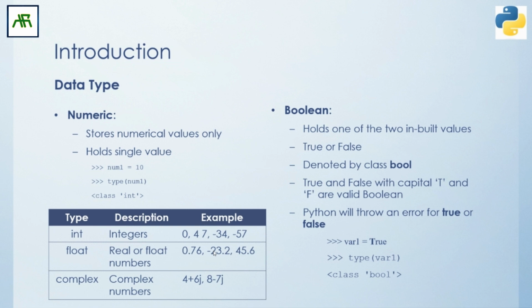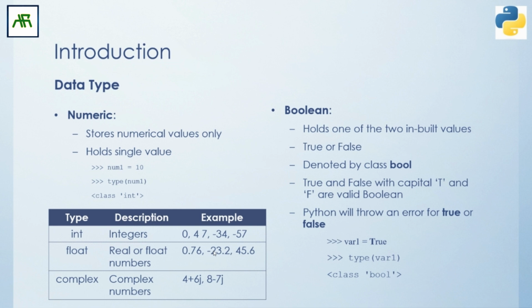Boolean holds one of two inbuilt values, true or false. I remember Boolean, we would have seen one or zero, true or false, yes or no. All those things are Boolean. Any entity that can hold one of two values can be considered Boolean. In this case, it's true or false. The type of this particular data type is depicted by bool.